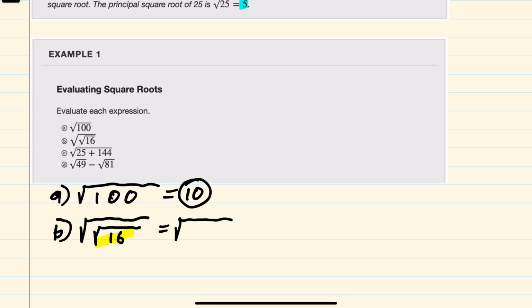What number times itself is 16? And since 4 times itself is 16, that square root of 16 is 4, but we still have this outer radical to evaluate. That is asking the same question, but this time for 4. What number times itself is 4? And 2 times itself is 4.